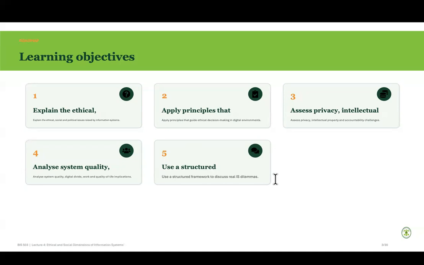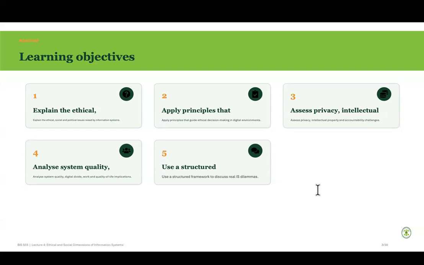I want you to see this not as a lecture where you simply try to reproduce definitions in an examination. I want you to develop the ability to reason through a situation. Typically, in practice, a manager may face a system that is useful, efficient, and even legal, but still ethically questionable.